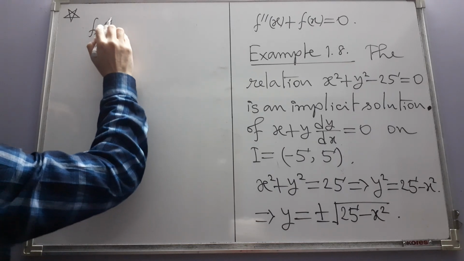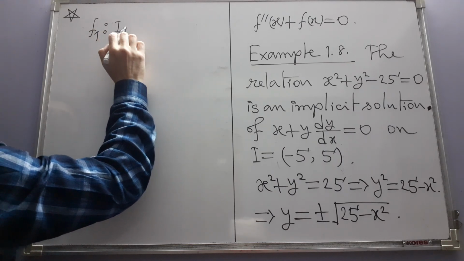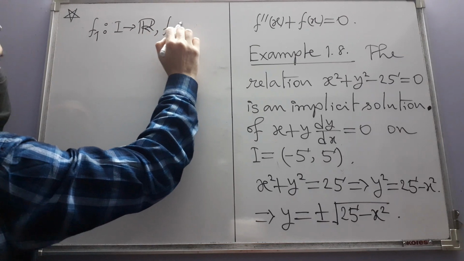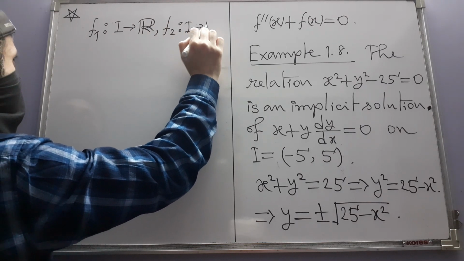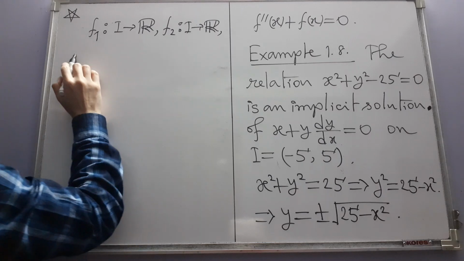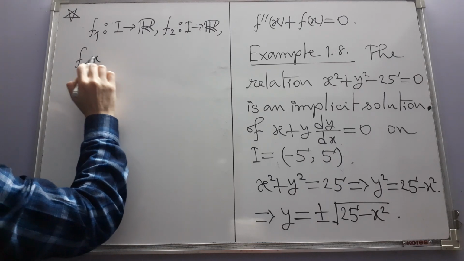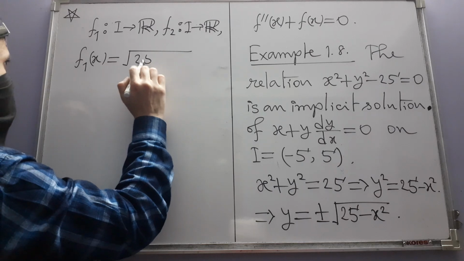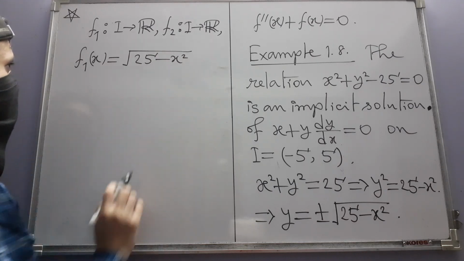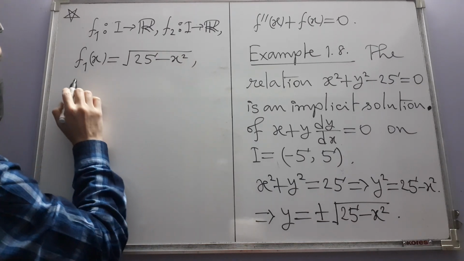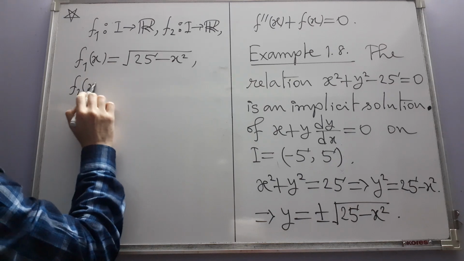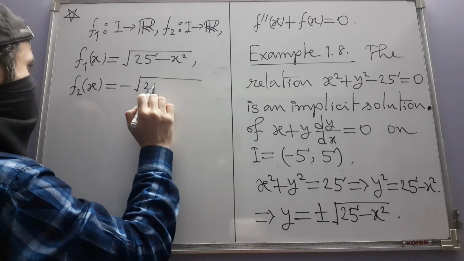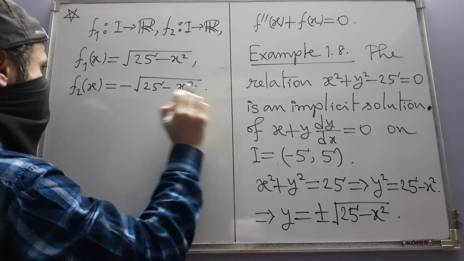Let's call one of them f1, and the other one f2. f1 of x is the positive square root of 25 minus x square, and f2 of x is the negative square root of 25 minus x square.